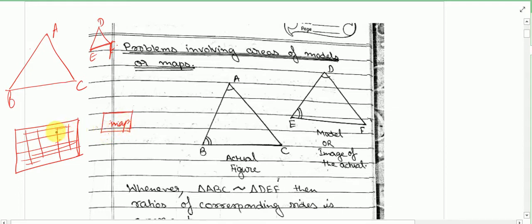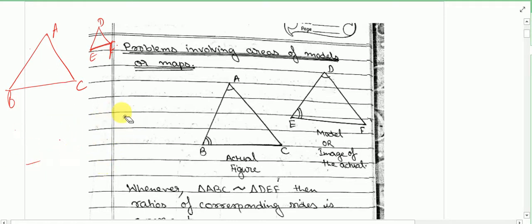So in that case this side will be proportional to this side, this side is going to be proportional to this side, this will be proportional to this, and this will be proportional to this, okay.